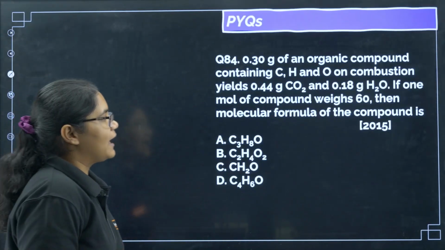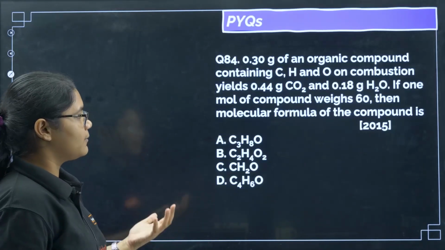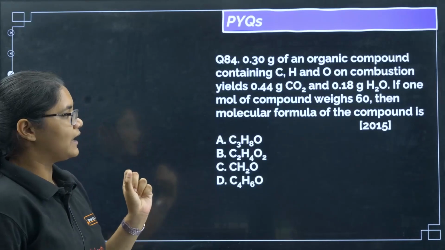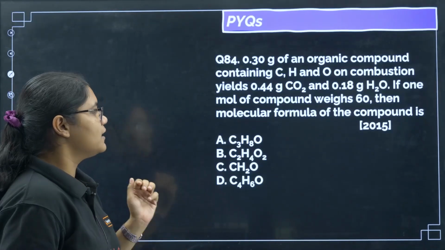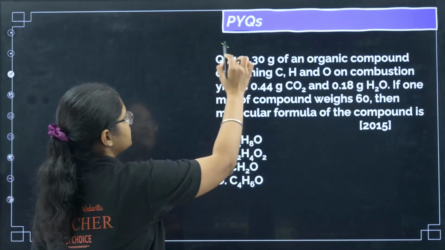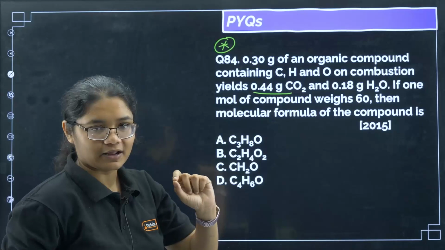Next, 0.3 gram of an organic compound containing C, H and O on combustion yields 0.44 gram of CO2 and 0.18 gram of H2O. If 1 mole of the compound weighs 60 gram, then what is the molecular formula of the compound? This is also a very good question. Now see, I have 0.44 gram of carbon dioxide.